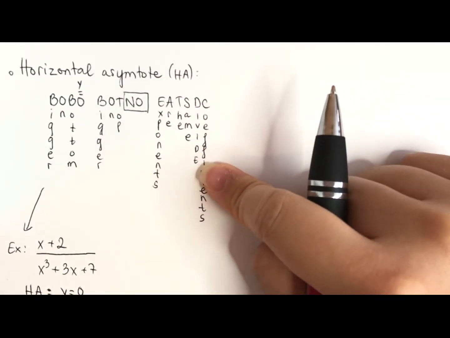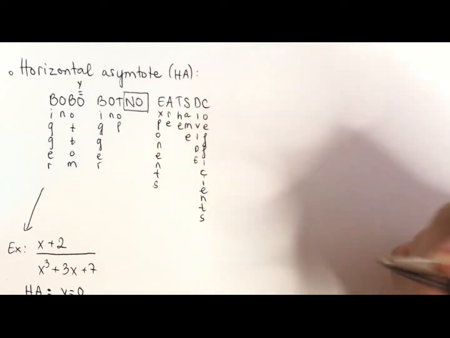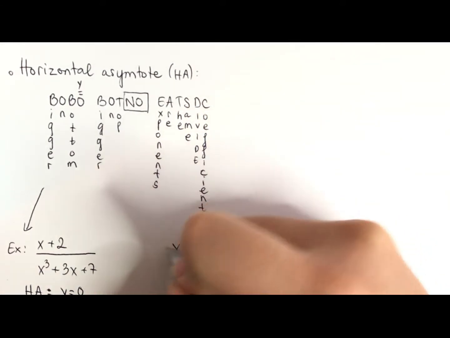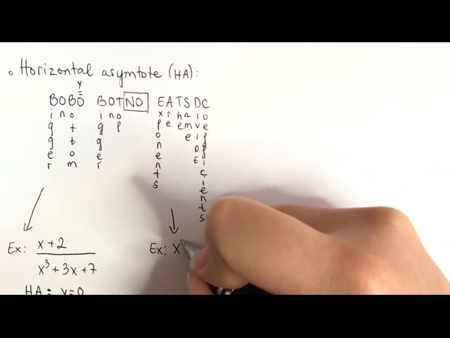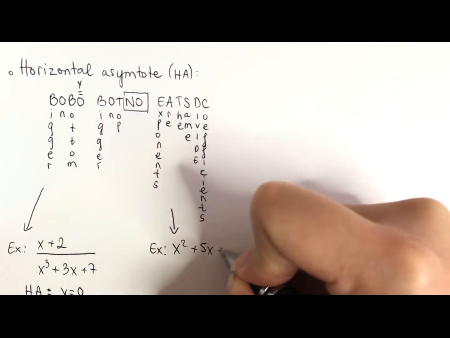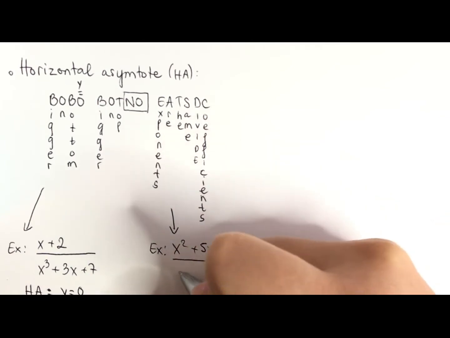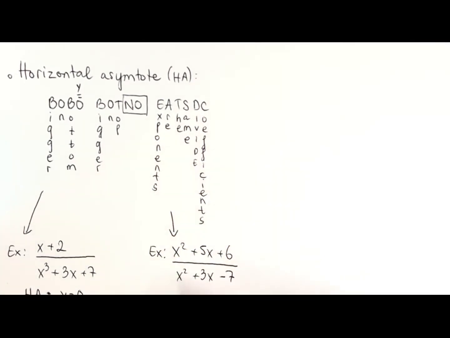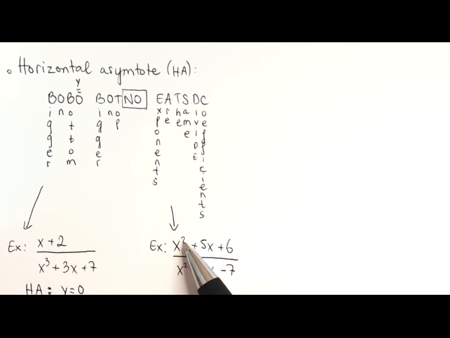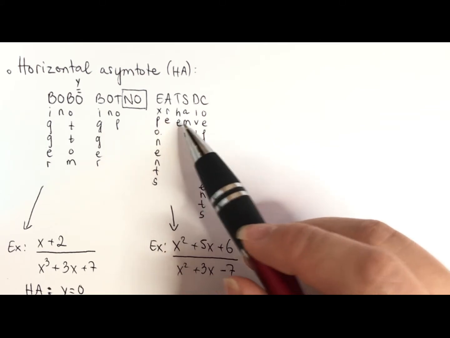The last scenario is when your exponents are the same. The example would be x squared plus 5x plus 6 on top, and this is just a random example that we're looking at. With this example, your exponent on top is a 2 and on the bottom is a 2. So exponents are the same.